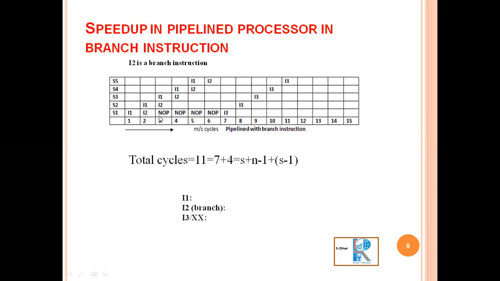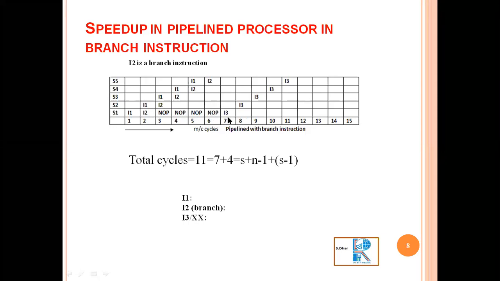That means it has to discard all the instructions which start here, here, here, and here. So the processor has to wait until the last stage and discard all the instructions following I2, that means the instructions which start in the 3rd, 4th, 5th and 6th cycles. Clear?